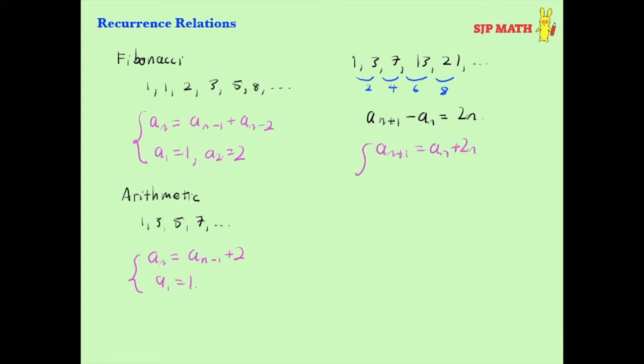And again, the base case would just be a_1 equals 1. So we can have recurrence relations like this. In the previous case, we had the previous term plus a constant, but in this case, we have the previous term plus a value that depends on n. So we can have these kinds of relationships too.